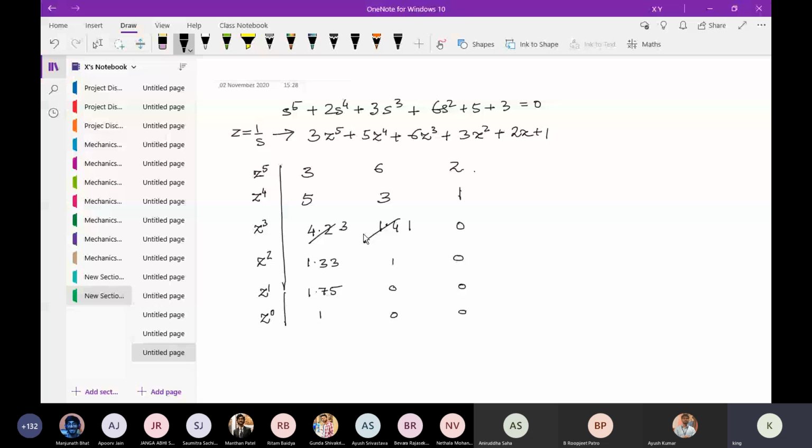So the 1 by 0 that you are going to get will become 0 in this case. So unless you have infinity as a root, you are not going to face problems by this method.